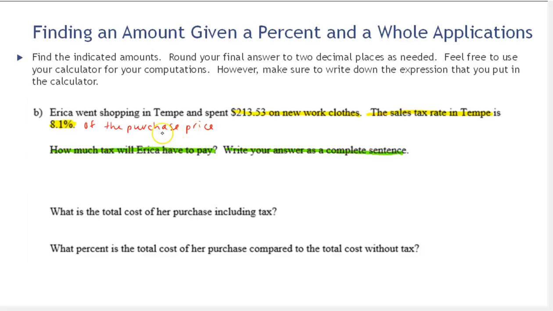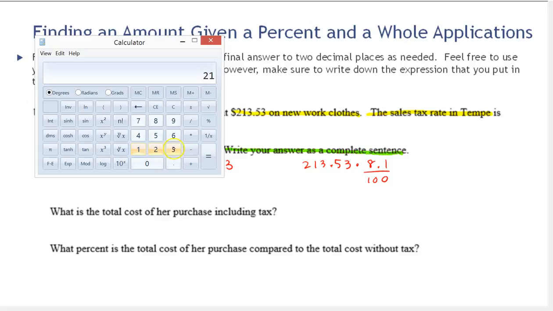The sales tax will be 8.1% of her purchase of $213.53. We know the percent, and we know this is the whole because it's what we have a percent of. So we're finding the amount, which is the tax. We'll take the whole, multiply by the percent over 100.